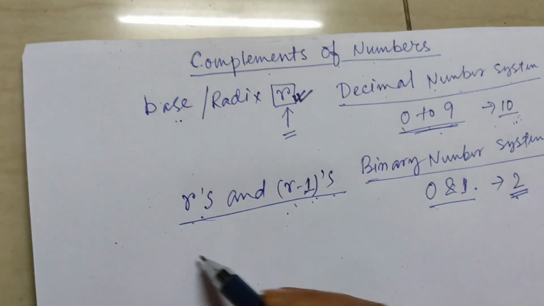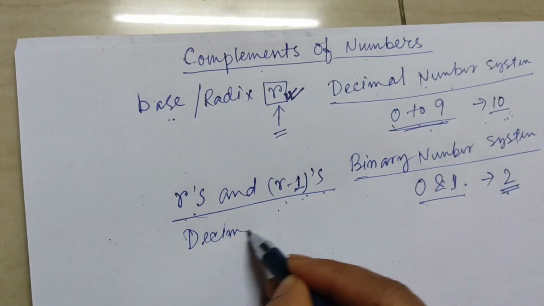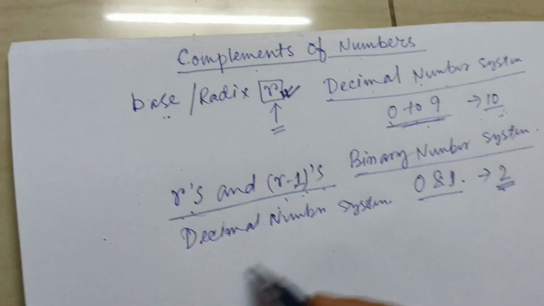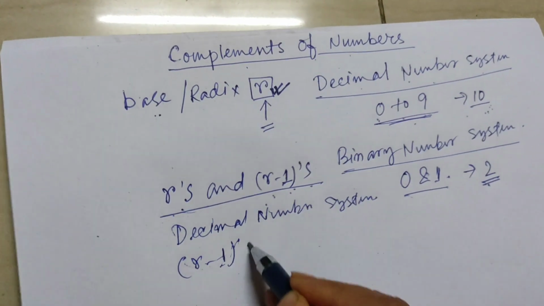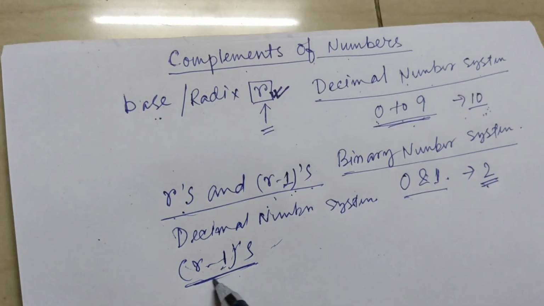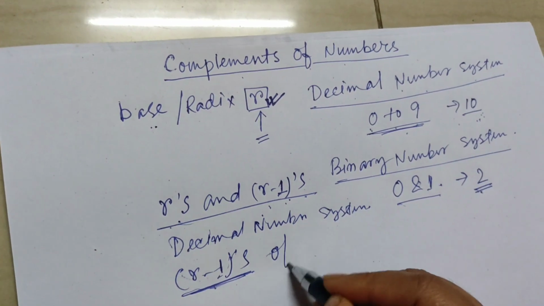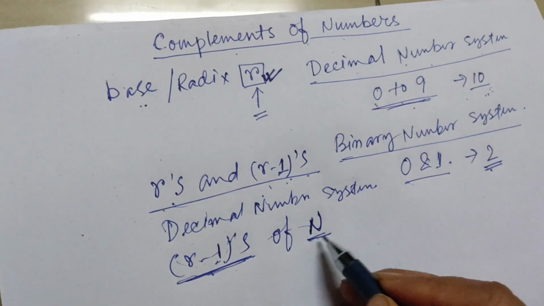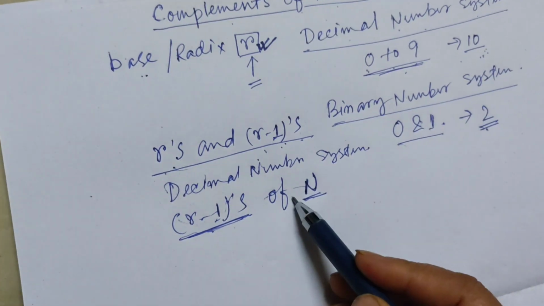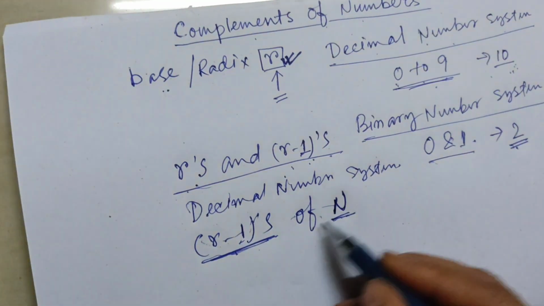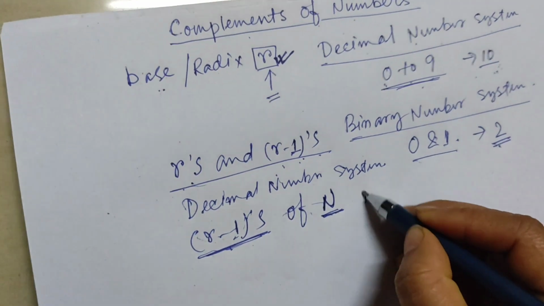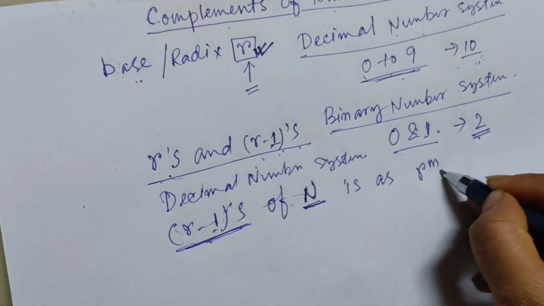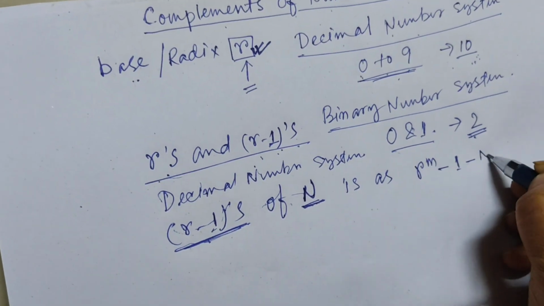If we want to perform it in the decimal number system, the r minus 1's complement of a number, suppose the number is n, is represented as r to the power m minus 1 minus n.